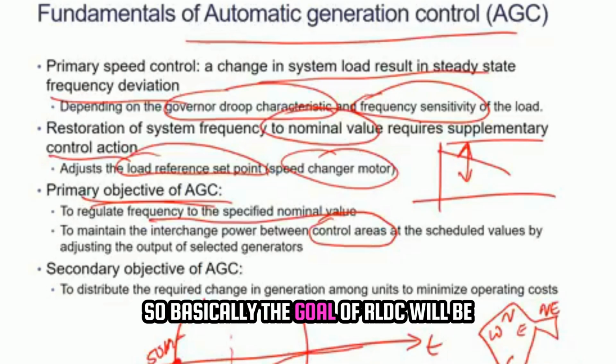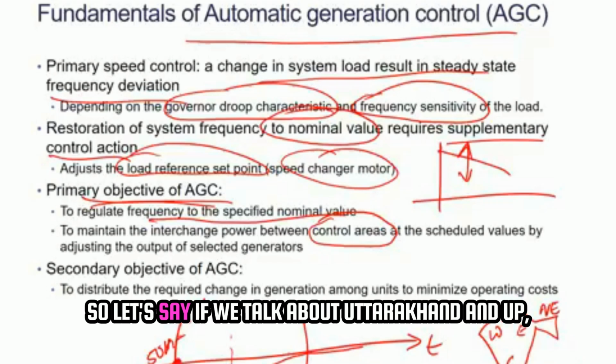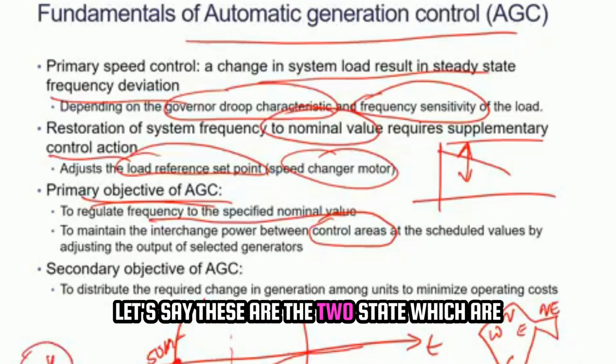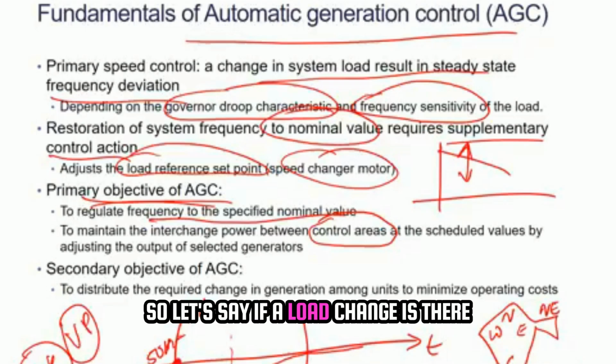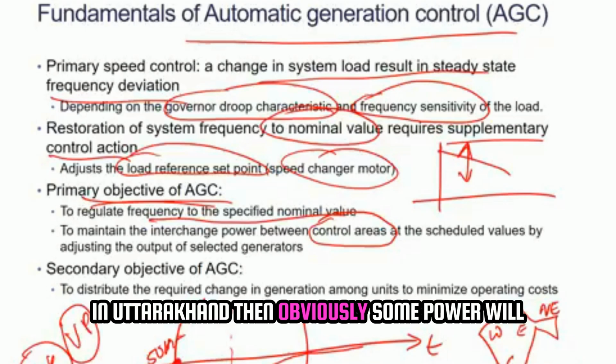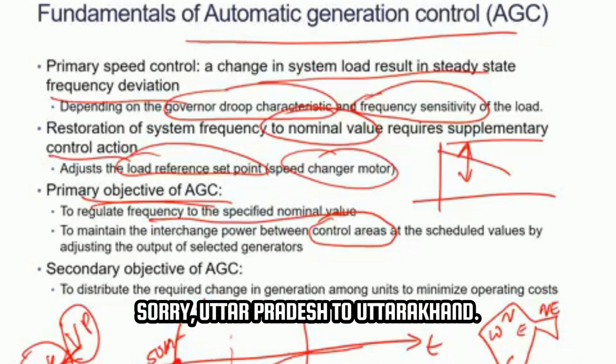So the goal of the RLDC will be to minimize the change. Let's say Uttarakhand and UP are two neighboring states, Uttarakhand and Uttar Pradesh. If a load change is there in Uttarakhand, then some power will flow from Uttarakhand to Uttar Pradesh, or Uttar Pradesh to Uttarakhand.